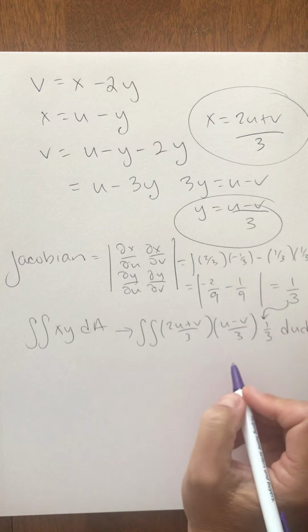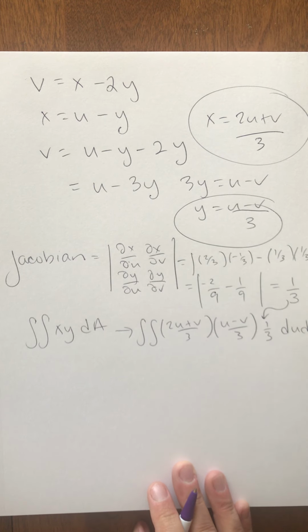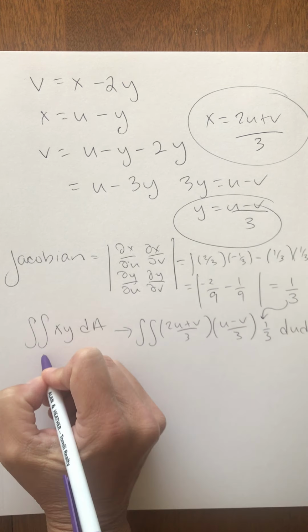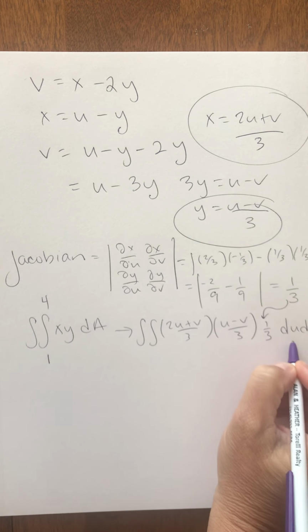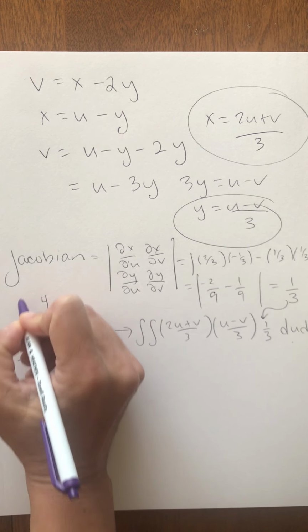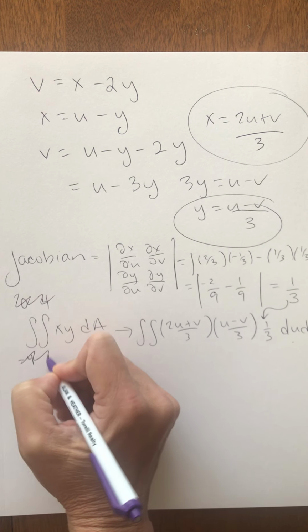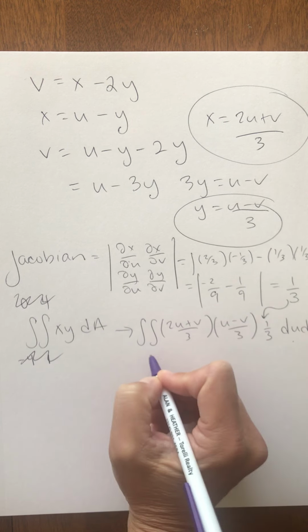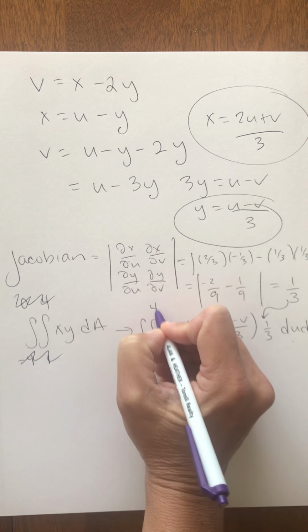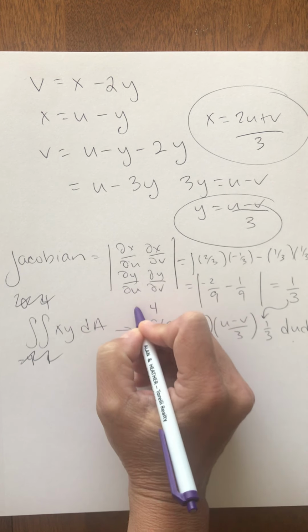My u values go from 1 to 4. My v values go from negative 4 to 0. I put those on the wrong integral because I'm not perfect. So my u values go from 1 to 4. My v values go from negative 4 to 0.